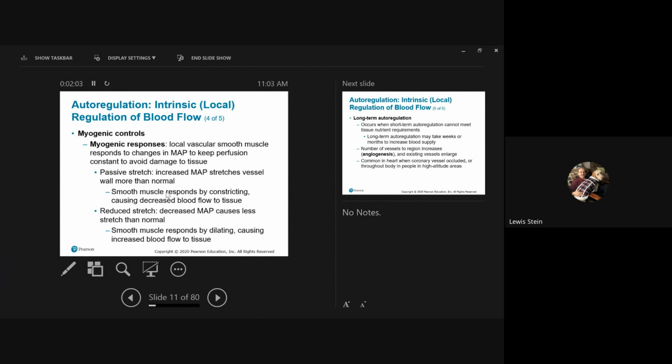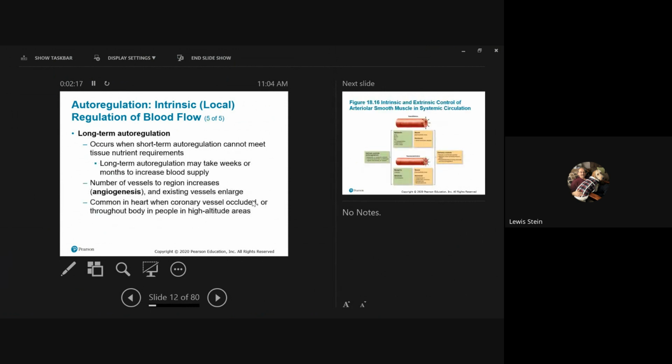And smooth muscles respond by constricting. If they're stretched, then rather than overload with blood flow, they may constrict and limit the blood flow. So there are a lot of different things that play a role with this. And just to summarize, long-term autoregulation is really a beneficial thing.